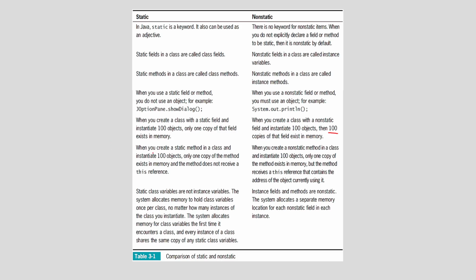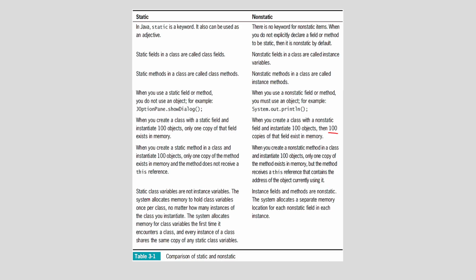Then when you create a static method in a class and instantiate 100 objects, only one copy of the method exists in memory and the method does not receive a this reference. In contrast, when you create a non-static method in a class and instantiate 100 objects, only one copy of the method exists in memory, but the method receives a this reference that contains the address of the object currently using it.